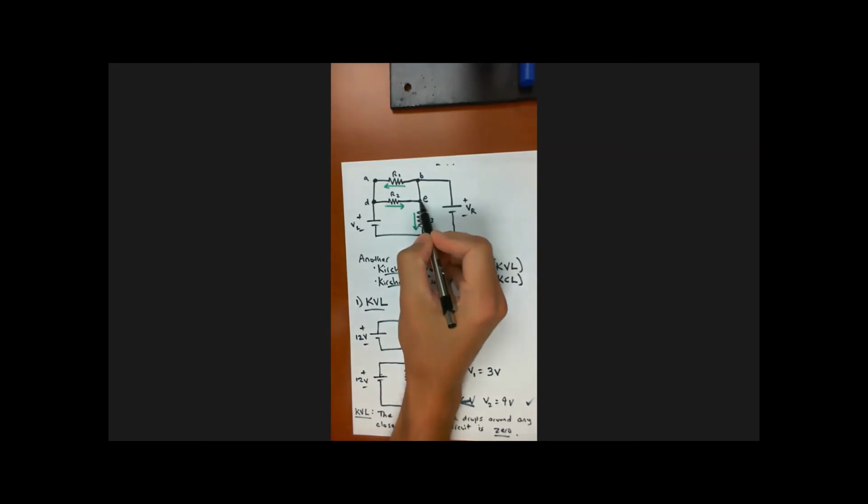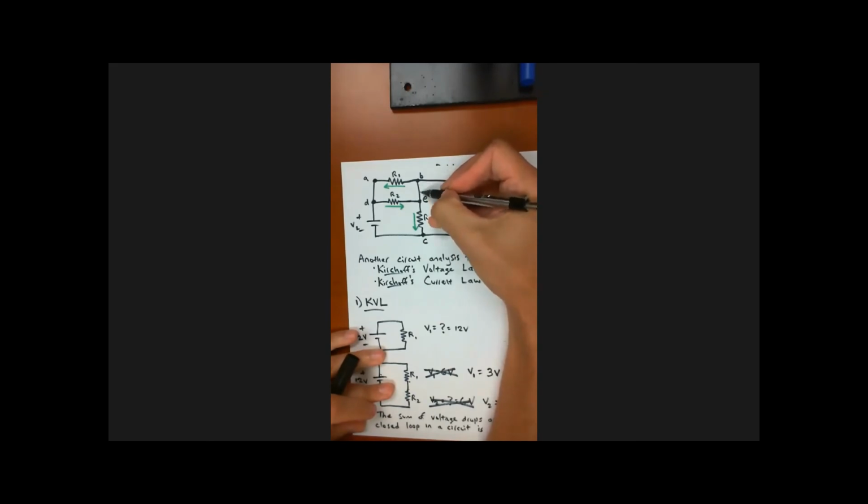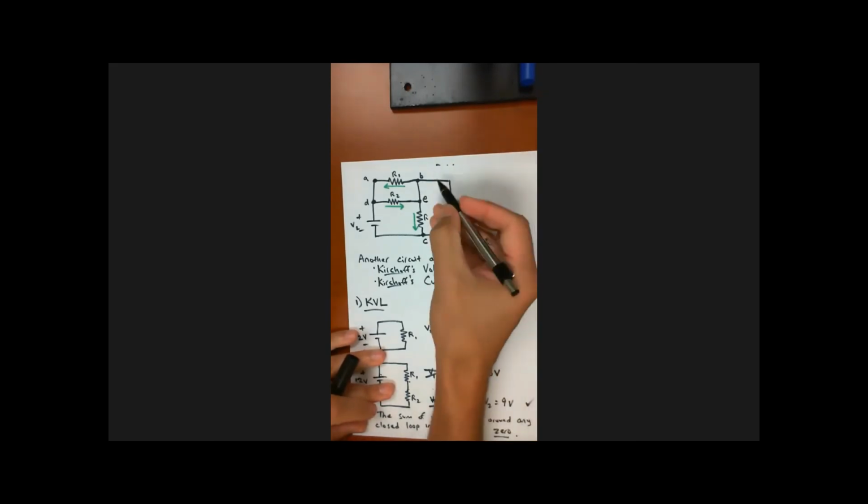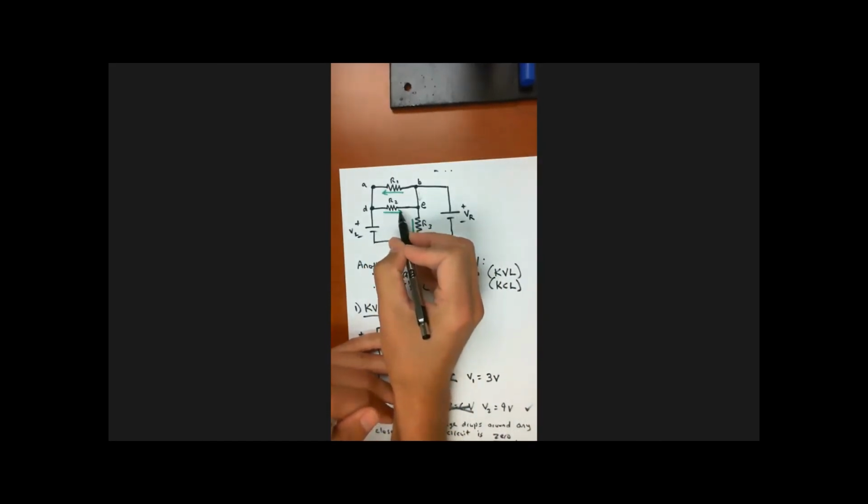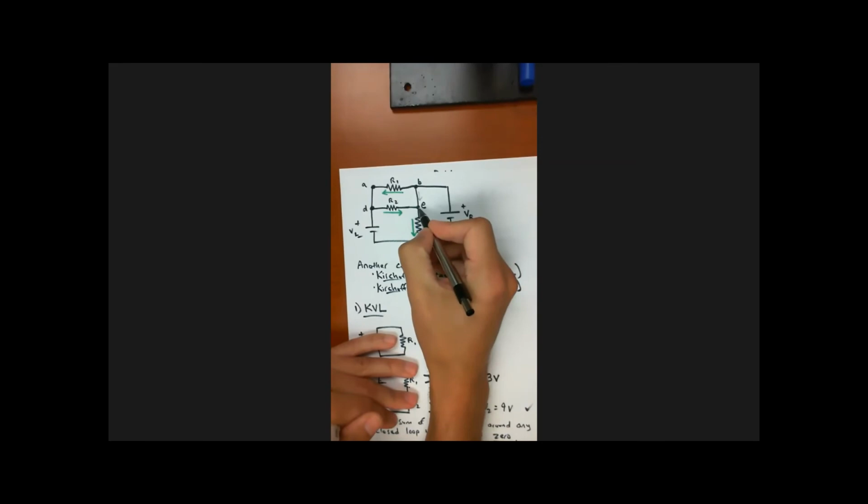Let's say that we are solving this problem and we are able to figure out what the current in this is going to be. This is not the best example because there's no load right here, but for the present example, let's just say that we're able to figure out what this current flow right here is, and maybe we call it something else. But we know this current, and let's say we know what I2 is. If we know this current coming into E, and we know this current coming into E, then that's perfect, because we can apply KCL at node E, and we can solve for I3.